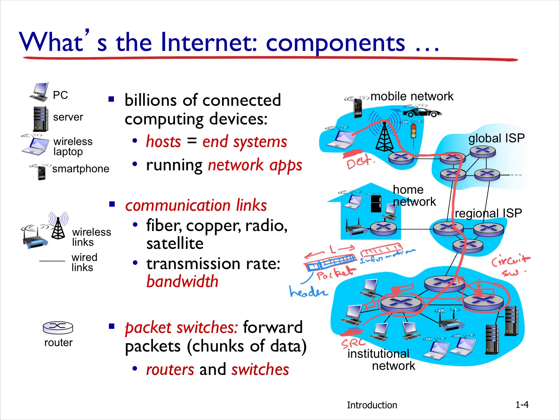Now, if this node is sending two packets, so one red, one blue, okay? And they are both from this source to this destination, it can happen that one of them is going to go, for example, through this route until it reaches the destination, okay?